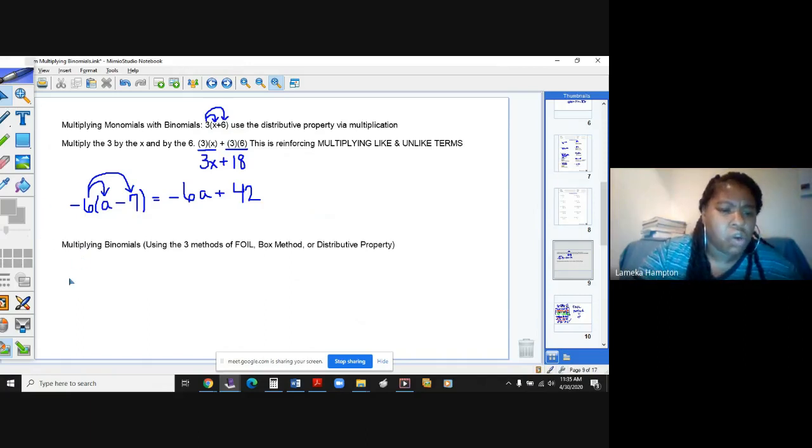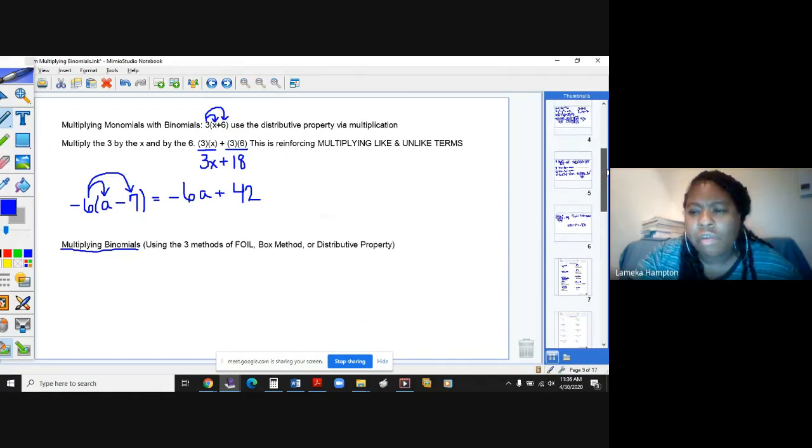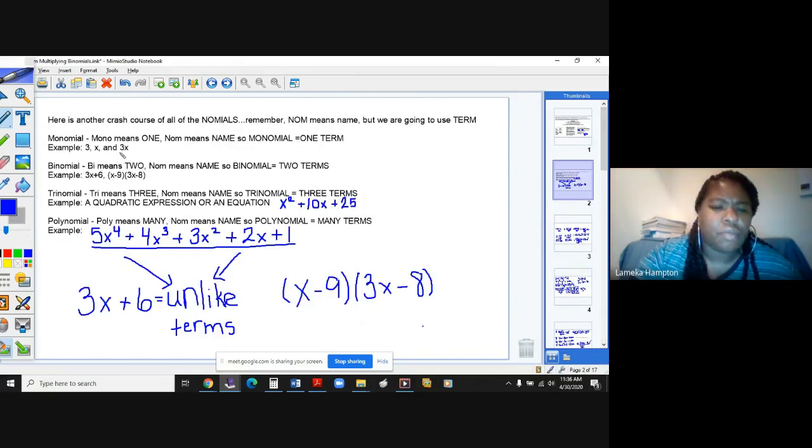But this is the bad boy that I wanted to get into today: multiplying binomials. Now, I know what y'all thinking. What in the world is a binomial? Just in case you forgot, I want to come back up here very quickly to show you what a binomial is.